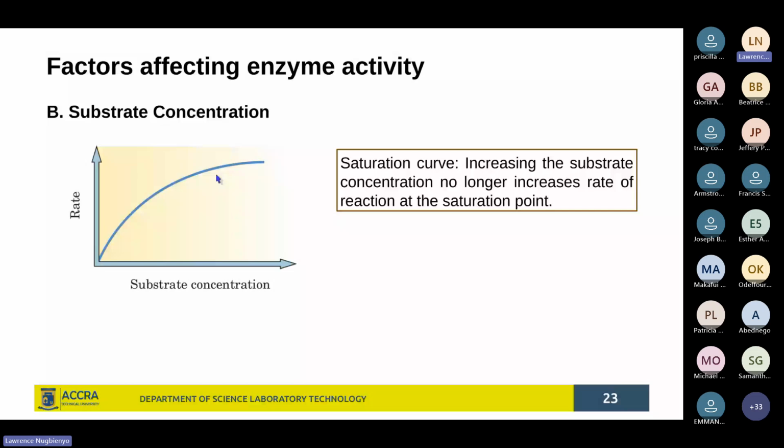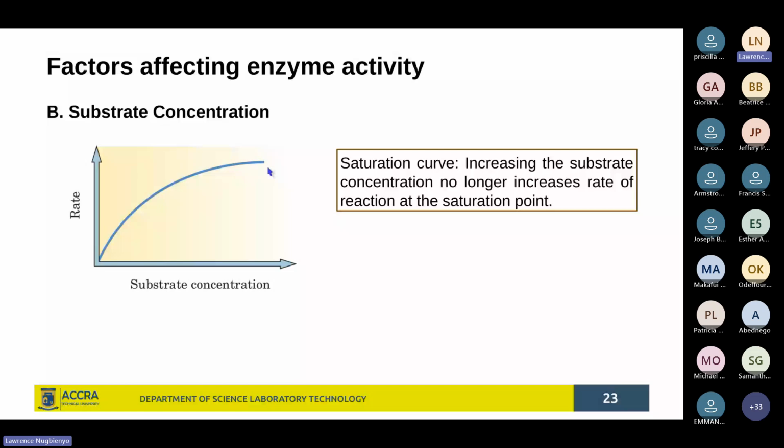And why is that? It is because you have enzymes. Remember, we talked about the active site of enzymes where reactions are occurring. Or even if you don't say specifically the active site, just look at the enzyme as molecules that, when they are present, form complexes with the substrate molecules to form a product.